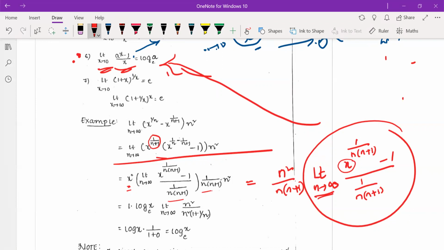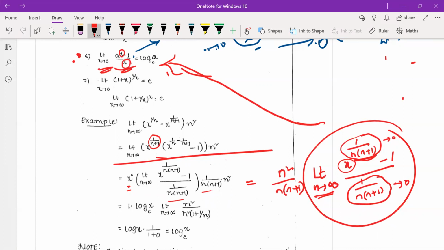Things are changed: there x tends to 0, a power 0 form. The power became 0, even the denominator became 0. Same here, when n tends to infinity, this will become infinity, 1 by infinity will be 0. So the power here became 0, x power became 0 and 1 by this one also became 0.